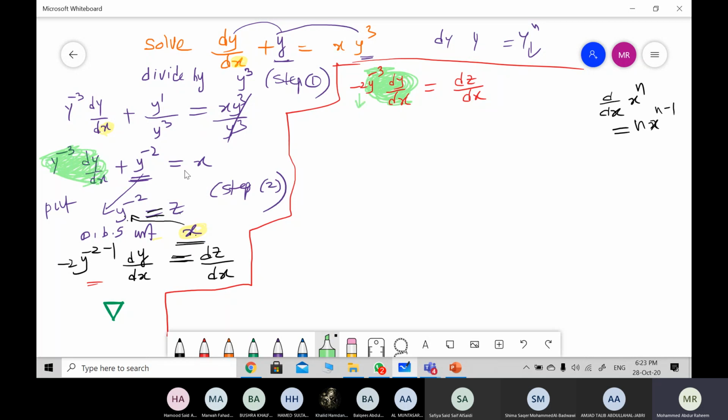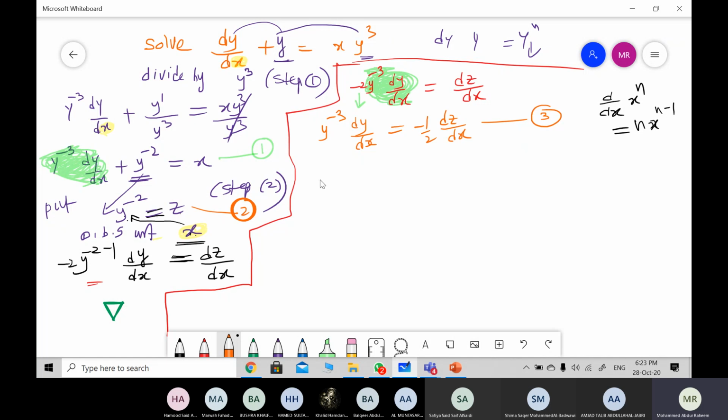In equation 1 there is no minus 2; we do not want minus 2. So y to the power minus 3 dy over dx equals minus 1 over 2 dz over dx. Agree? This we call 2, this we call 3.